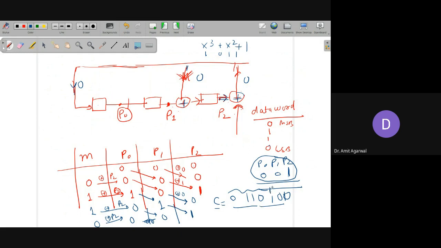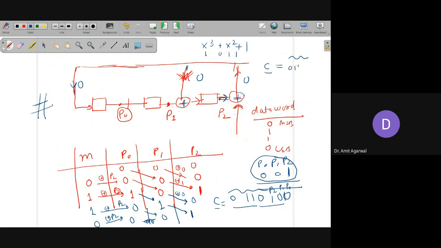So you have to start writing this, okay? P naught, P1, P2. So what is the whole summary of this? This is your encoder circuitry, and if you want to find out using this encoder circuitry what the code word is, you first enter your data word.